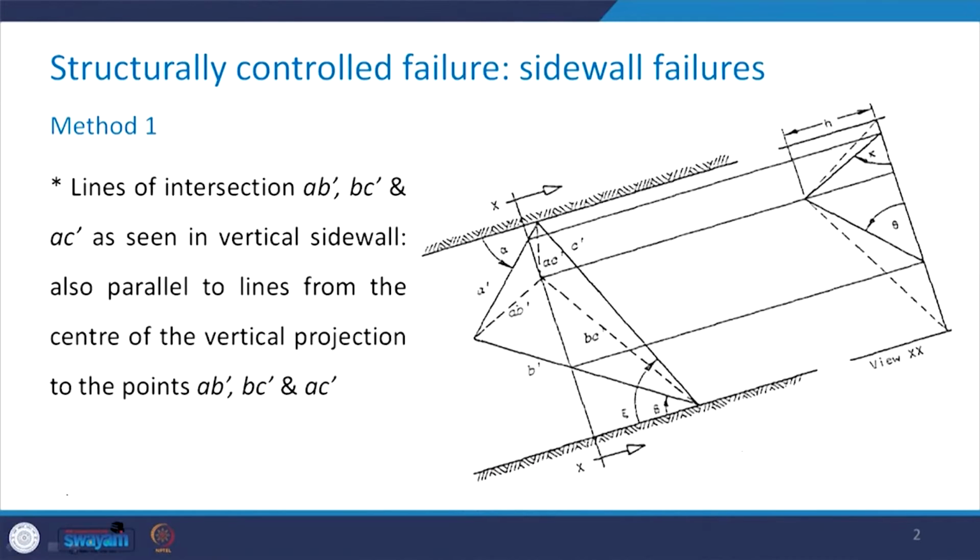So, we had discussed about method number 1. In continuation to that, take a look here at this figure, that these lines of intersection AB prime, BC prime and AC prime, as they are seen in the vertical side walls, are also parallel to the lines from the center to the vertical projection of the points AB prime, BC prime and AC prime.